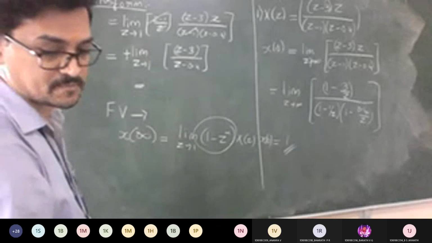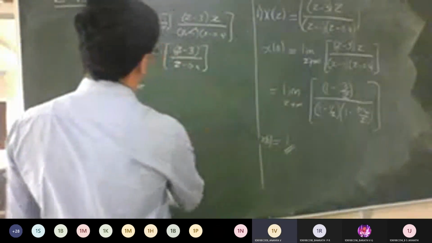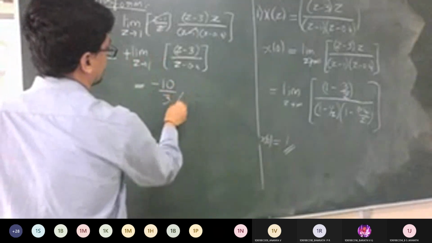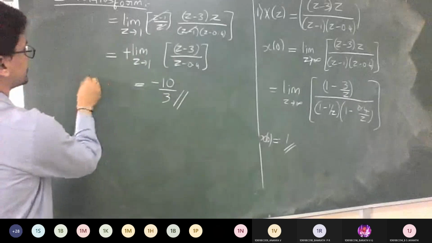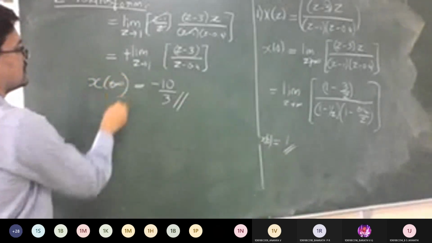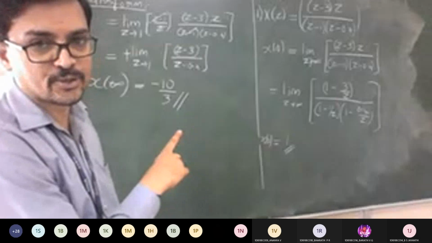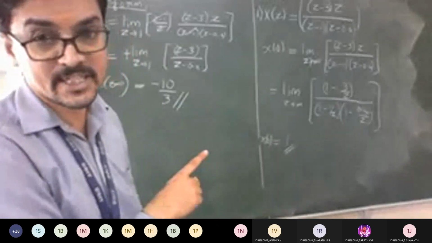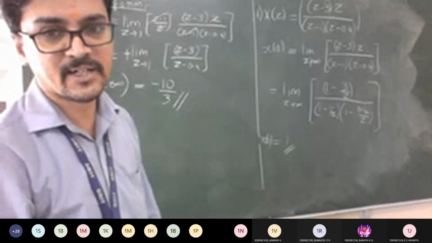Minus 10 by 3. Yes, so we get minus 10 by 3 as the answer for x of infinity. This is for the final value theorem. I hope you got the logic of what you should do whenever such problems are asked. Once it is z tends to infinity for the initial value, once it is z tends to 1. Am I clear till here to everyone?